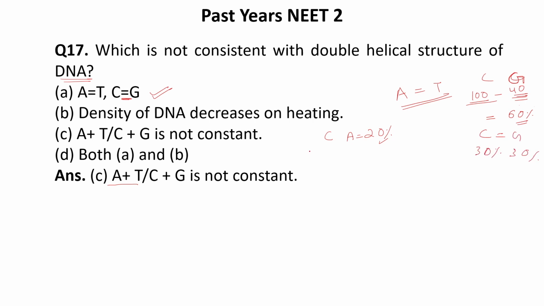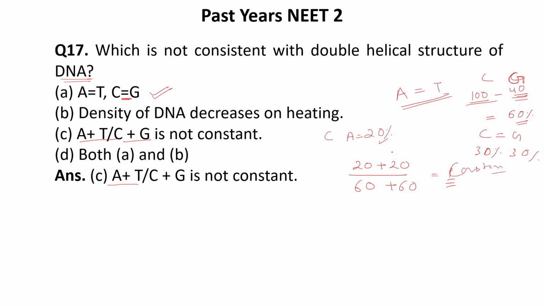Now according to this, A plus T upon C plus G, if we add 20 plus 20 upon 30 plus 30, is it constant? No, it is not a constant.